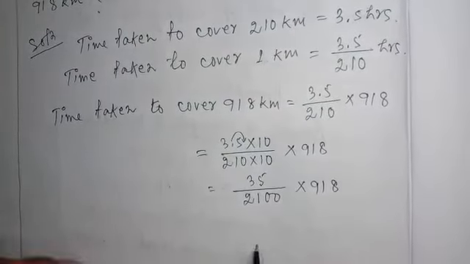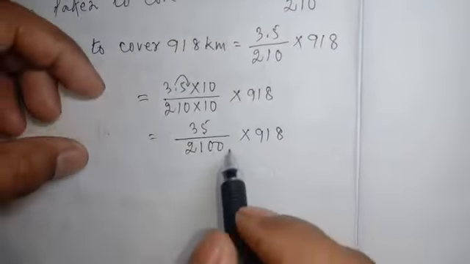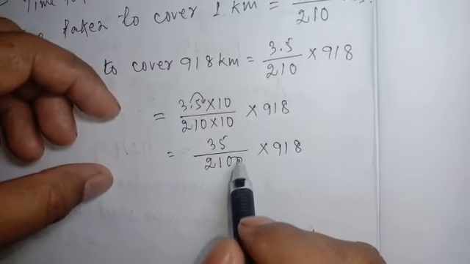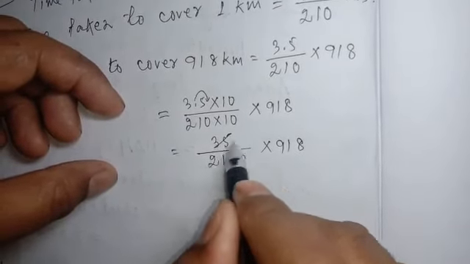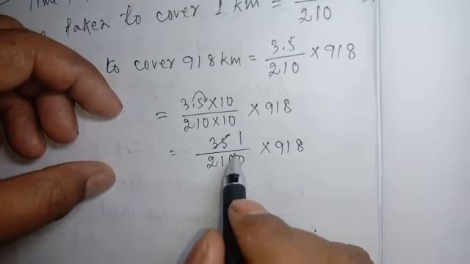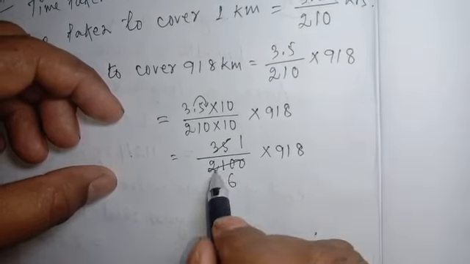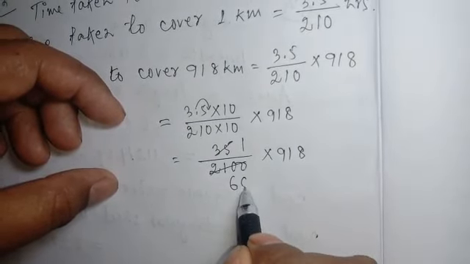918. Now we can cancel this 35, we can cancel to 2100. 35 1 is 35, 6 is 210, 6 is 210. This 0 you write down here.